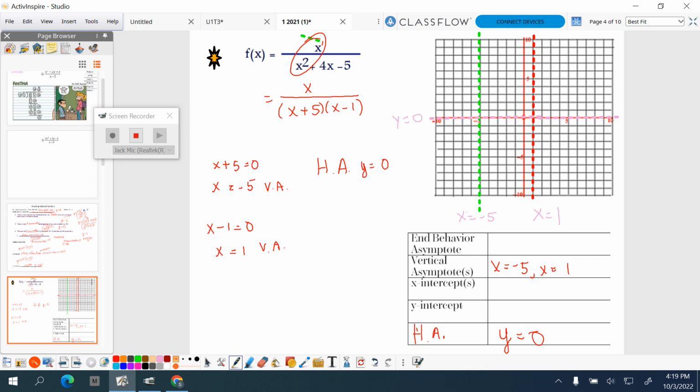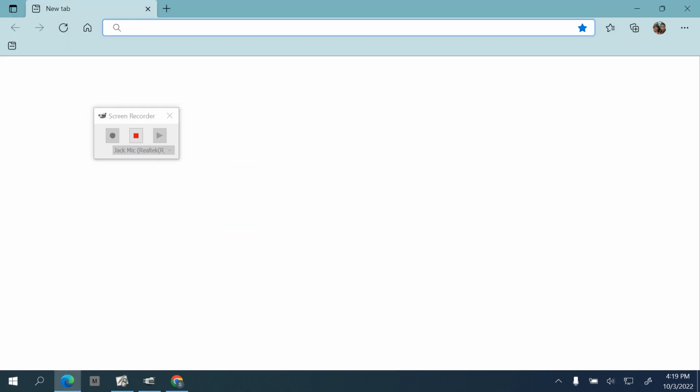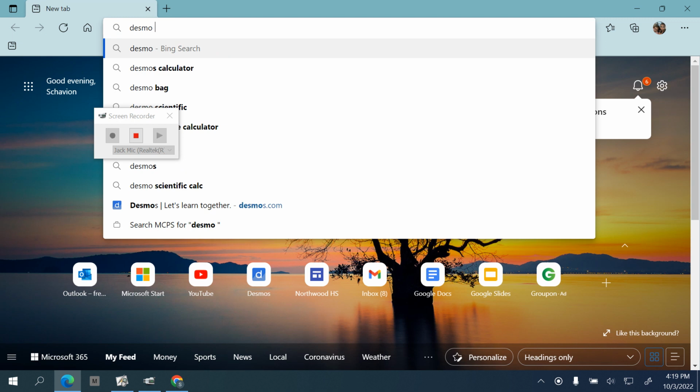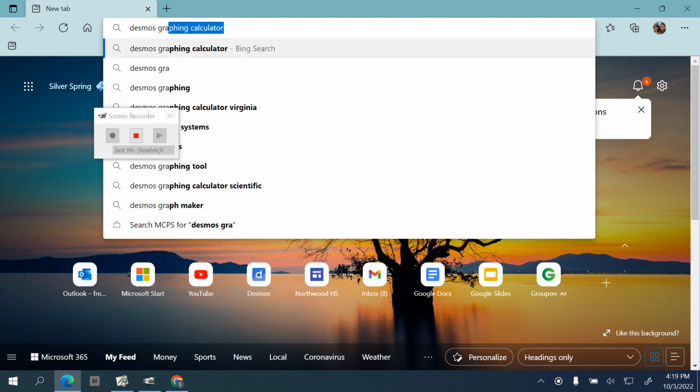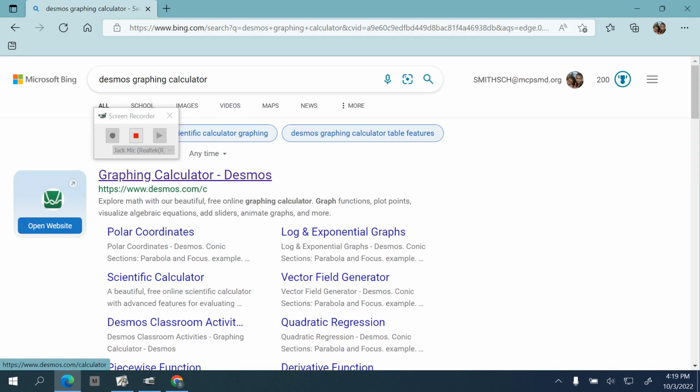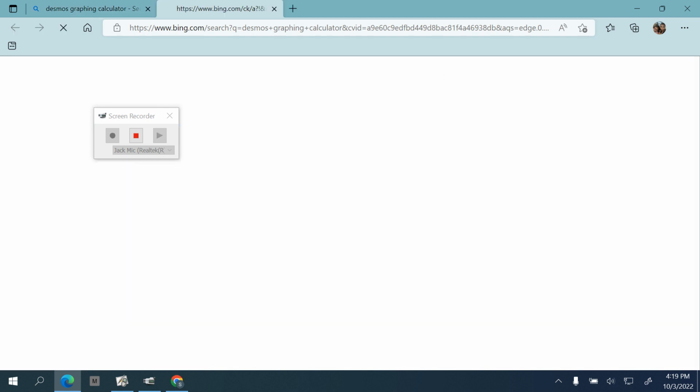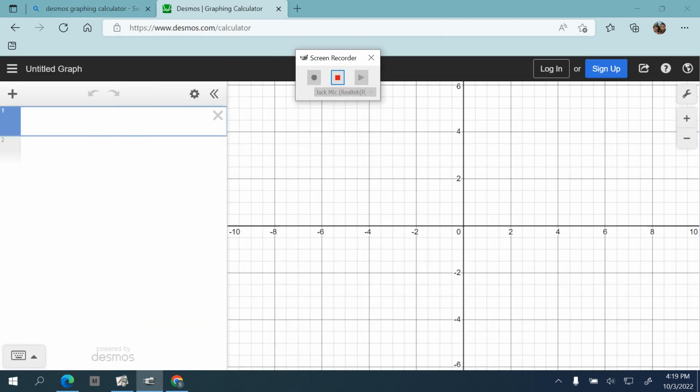And actually, you know what? I will just bring it up. So Desmos graphing calculator. And I'm going through these actions because you need to get a general idea of how long something like this takes.